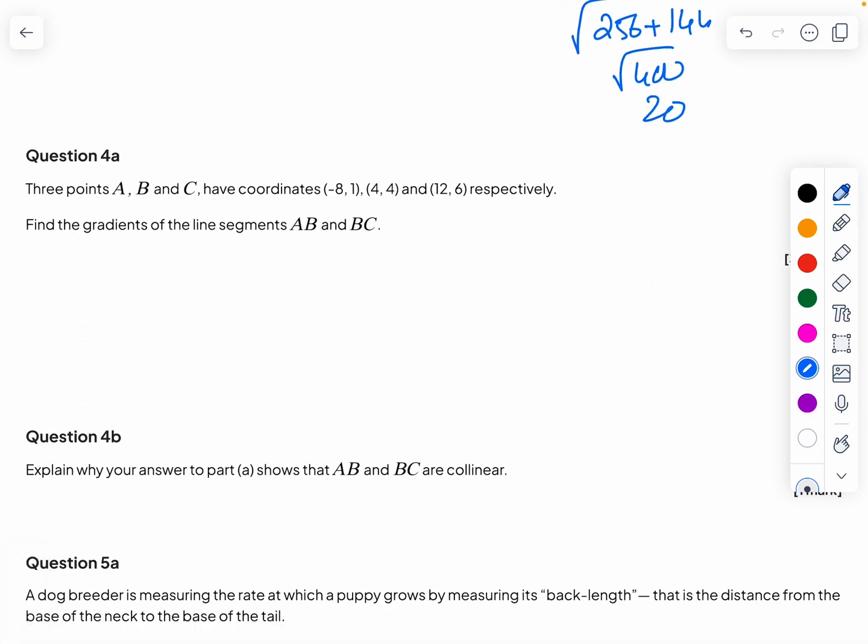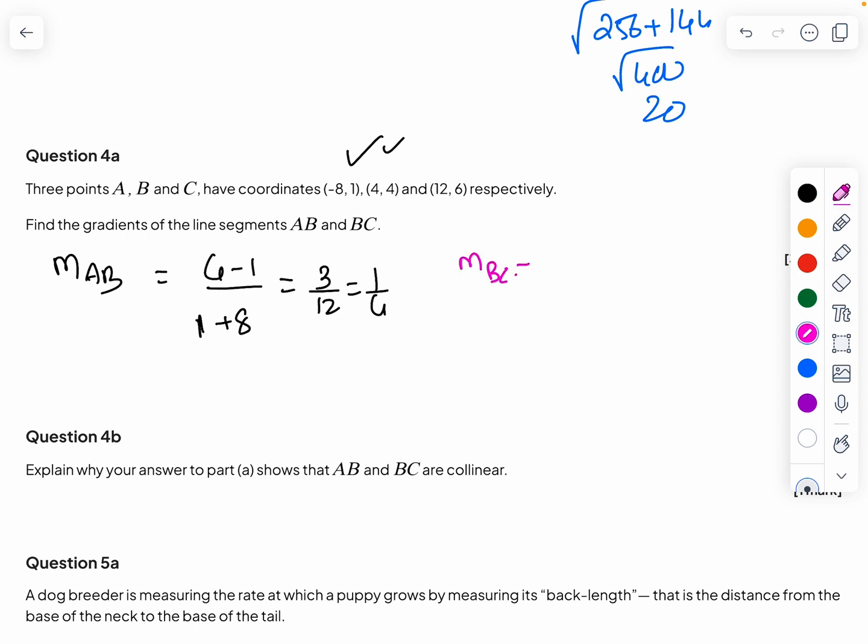Question number 4a, gradient of AB. So I take A and B, y2 minus y1 upon x2 minus x1. Minus of minus 8 becomes plus 8. 3 upon 4, which is 3 upon 12, which is 1 upon 4. Gradient of BC, y2 minus y1 upon x2 minus x1, which is 2 upon 8, which is 1 upon 4.